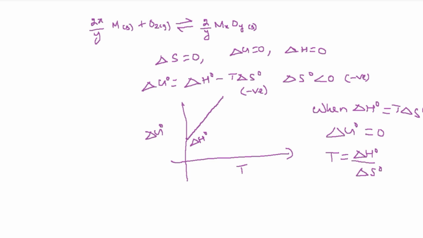We have seen that this delta G naught for an equilibrium reaction can be written as minus RT log K, where K is the equilibrium constant.